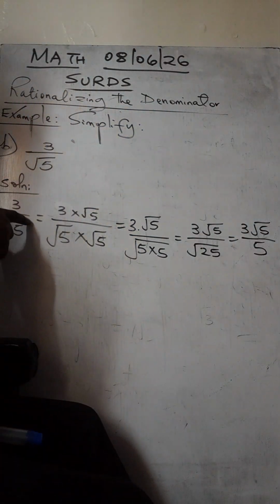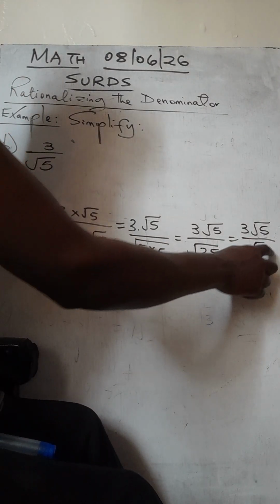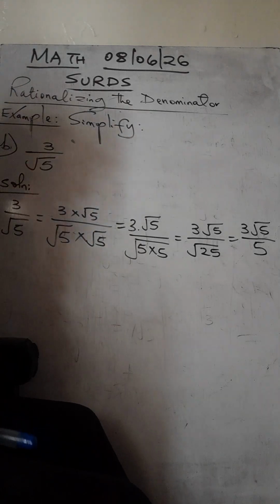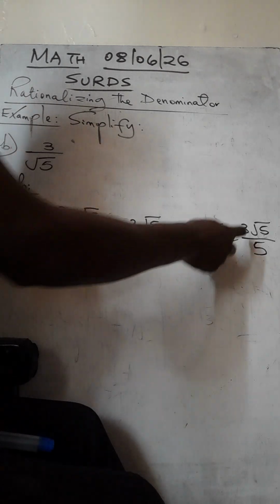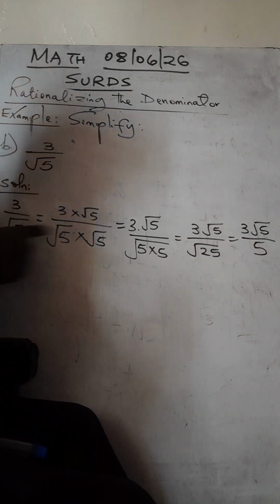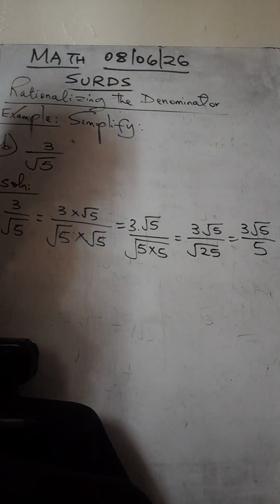We have removed the irrational root from the denominator. Now the denominator is a rational number. From the definition of rationalization, to rationalize means to remove the irrational root from the denominator so that the denominator becomes a rational number. And that's what we've done. So 3 over root of 5 is the same as 3 root 5 over 5. Okay?